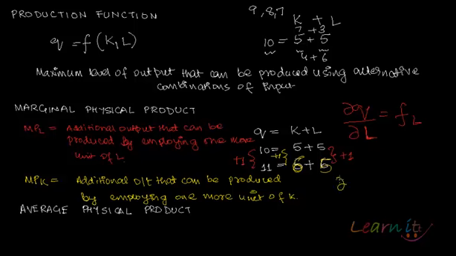This is basically del Q by del K. Clear? And this could be written as f sub K.